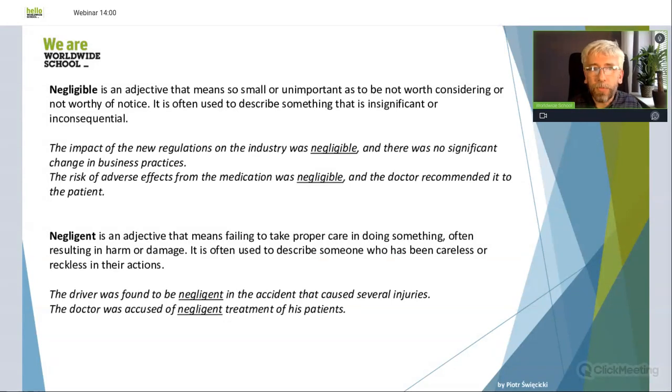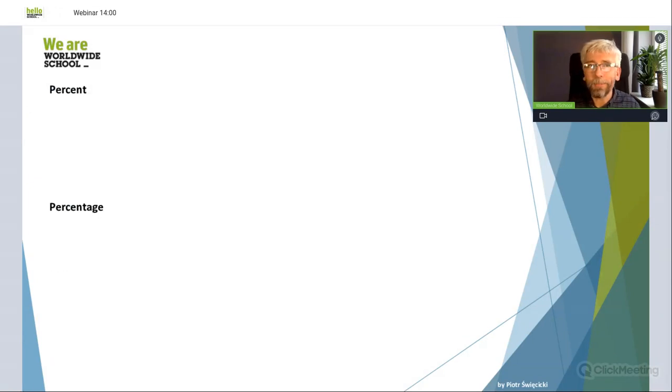The doctor was accused of negligent treatment of his patients. The teacher was accused of negligent treatment of his subject matter. I hope you won't accuse me of negligent treatment of the confusing pairs today. Just two last ones, and I'll let you go.